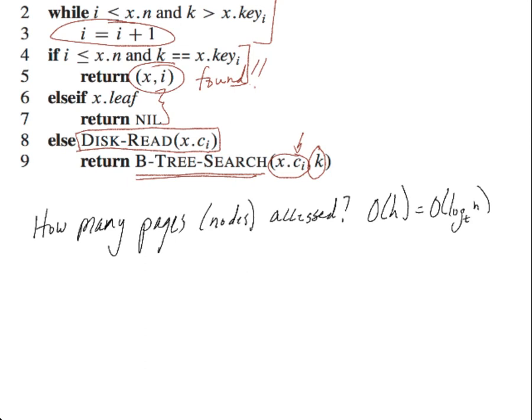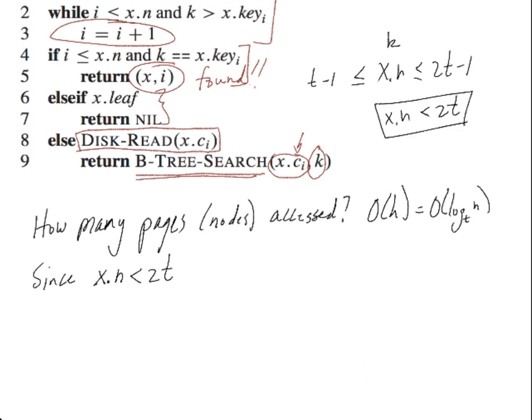Now, the number of elements in a node is bounded by 2t. Remember, in the last video we showed that x.n, which is also known as k, is greater than or equal to t minus 1, and is less than or equal to 2t minus 1. And so x.n is less than 2t.